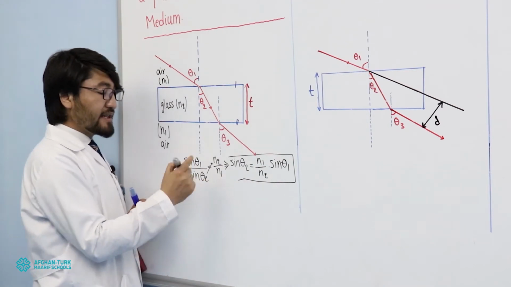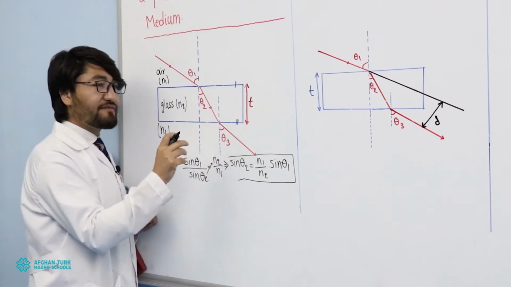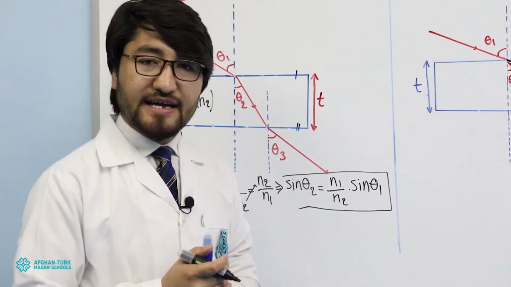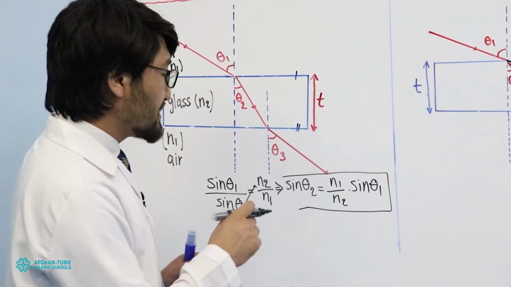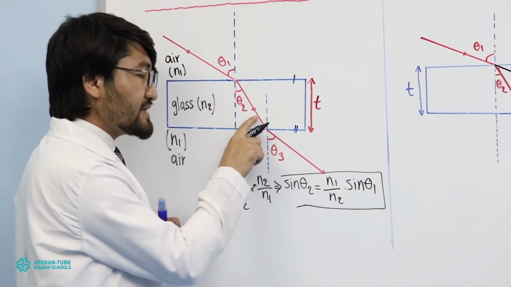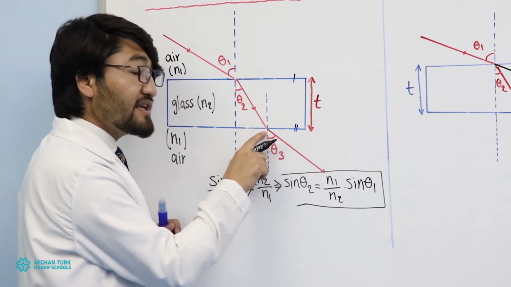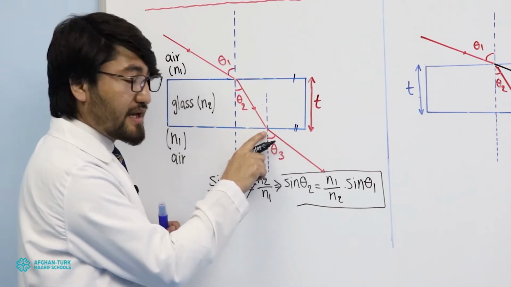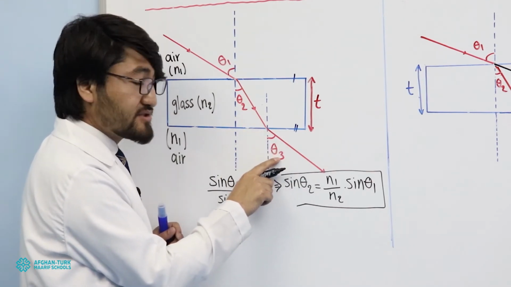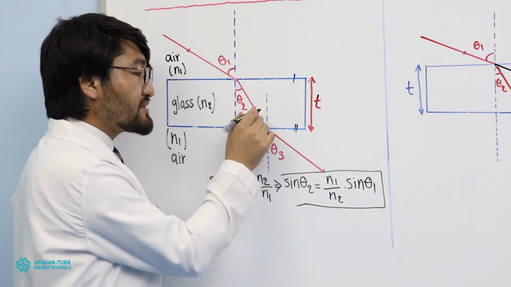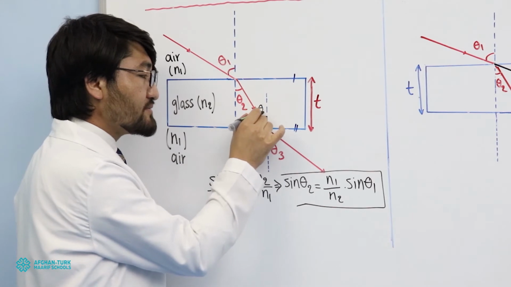Okay, and we have the law of refraction for the second refraction. The second refraction occurs when the light leaves the medium, and here we have the emerging angle. Theta 3 is the emerging angle. You know that this angle also is theta 2.